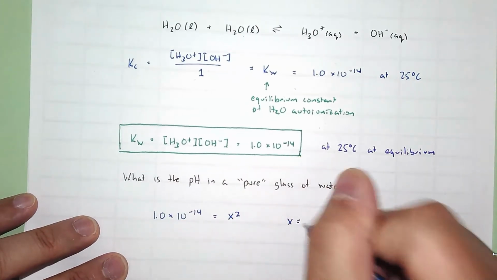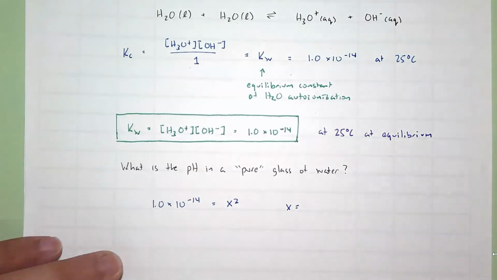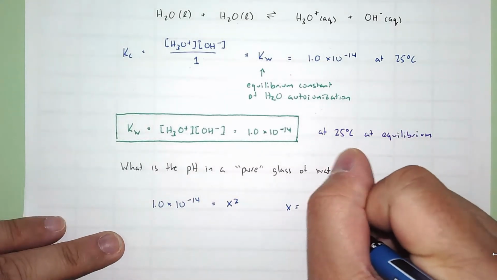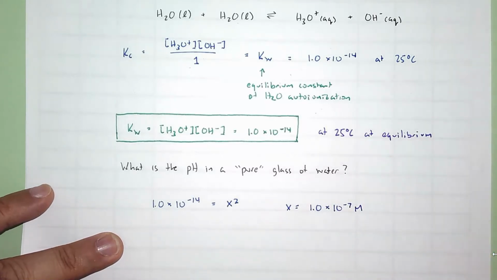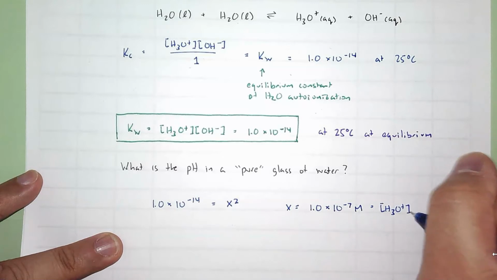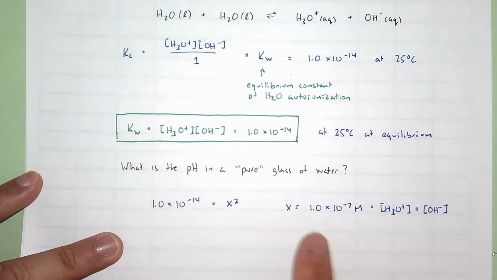Therefore, x equals, and it's going to be a concentration, 1.0 times 10 to the minus 7 molar. That is literally the concentration of hydronium and the concentration of hydroxide in room temperature water.